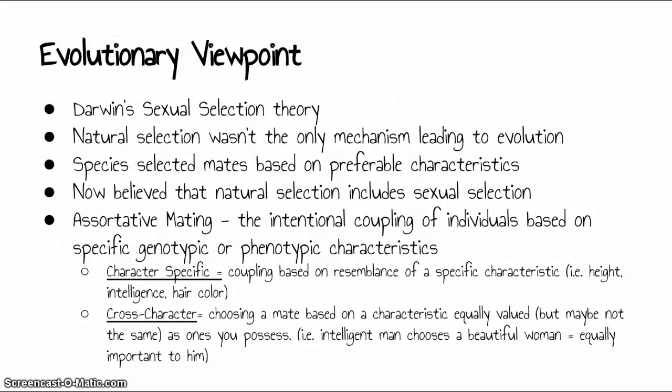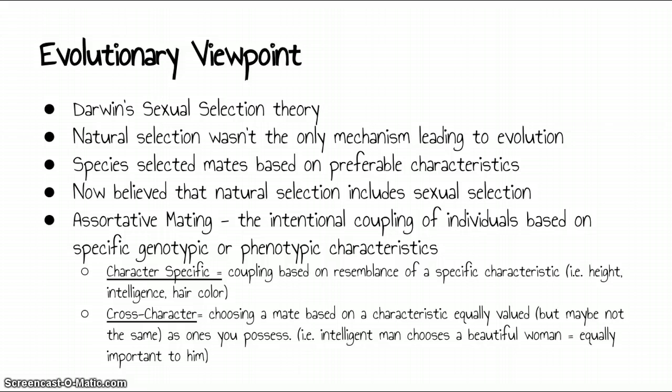Assortative mating is the intentional coupling of individuals based on specific genotypic or phenotypic characteristics. And there are two types of this. There's character-specific assortative mating, and this is coupling based on the resemblance of a specific characteristic, like height or intelligence or hair color.